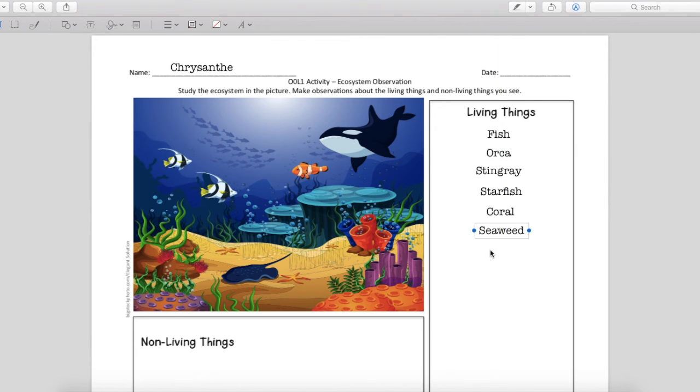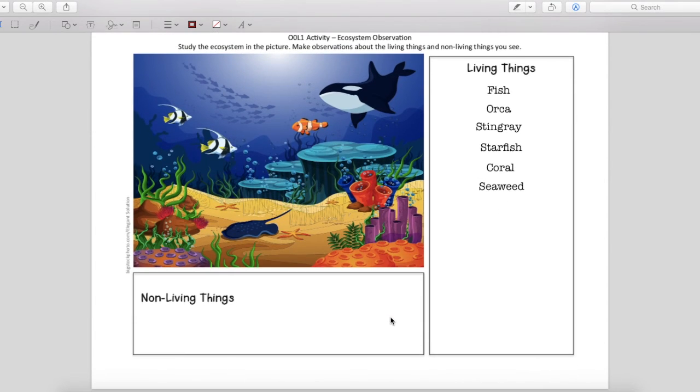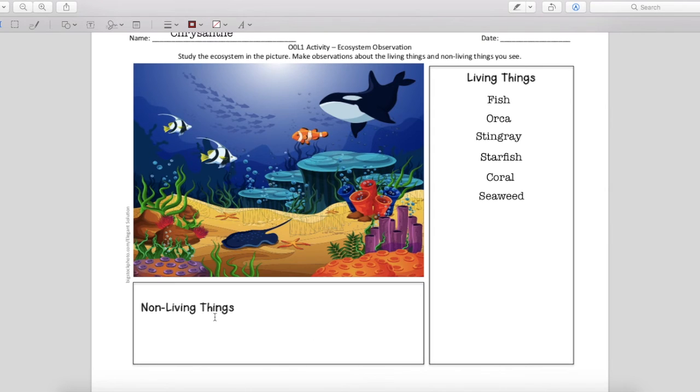Are there any other plants that I see? Not really. I'm sort of counting all of these little plants down here as seaweed. But it looks like we've got our living things chart. Now, if you see anything that I might have missed, you can go ahead and add it to our living things category. But right now, I'm going to move on to our non-living things.